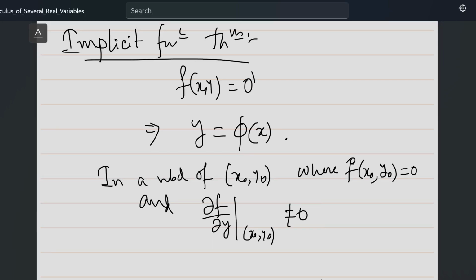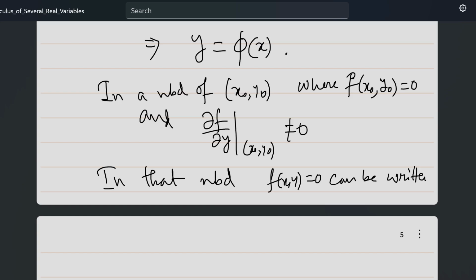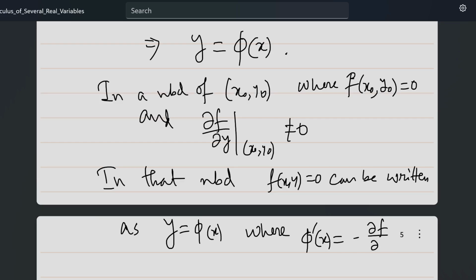Then in that neighborhood of x naught, y naught, you can write f(x, y) equal to 0 as y equal to phi of x. Where what is phi dash x? It is minus del f del x by del f del y, that is correct. Please remember this for your exam. In your exam it may come.